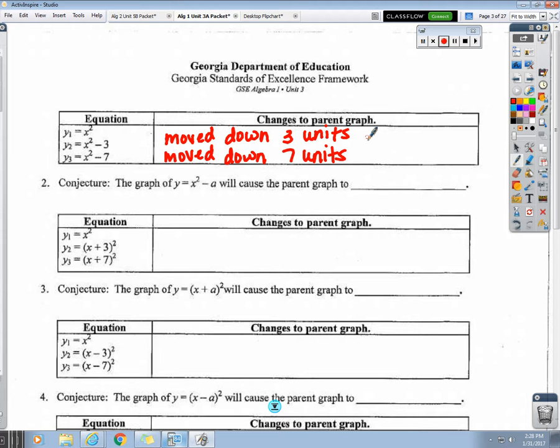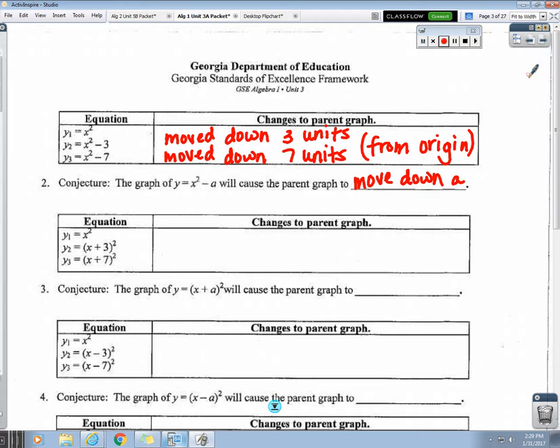Yes, and then remember, all of these moves were from the origin. It moved down 3 units from 0, 0, and then the second one moved down 7 units from 0, 0. So the graph of y equals x squared minus a will cause the parent graph to move down a units. And a will be a number. Just right now it's a letter because it's a rule.